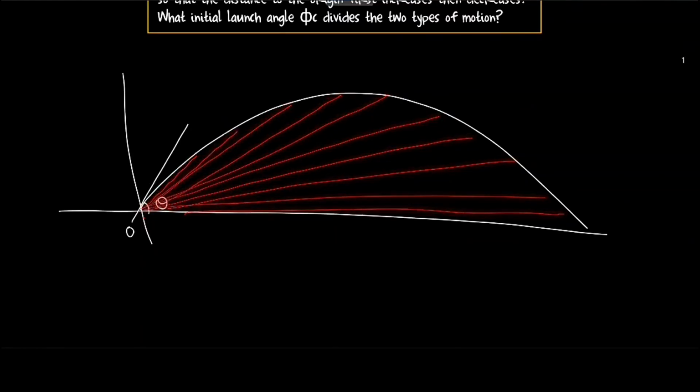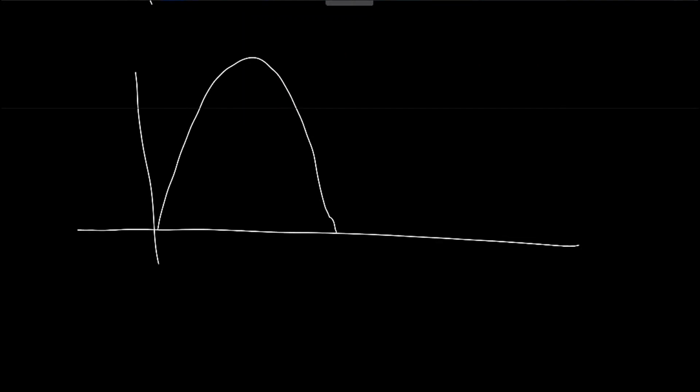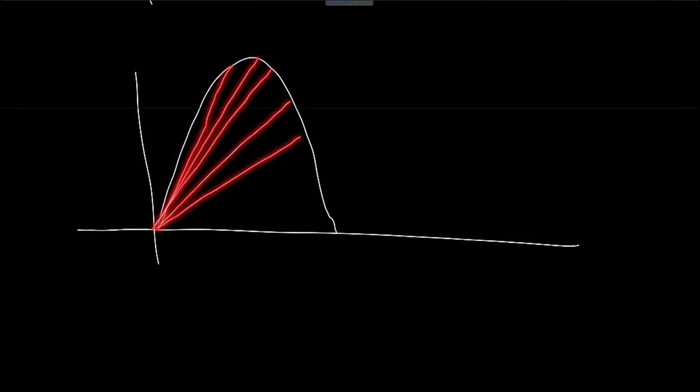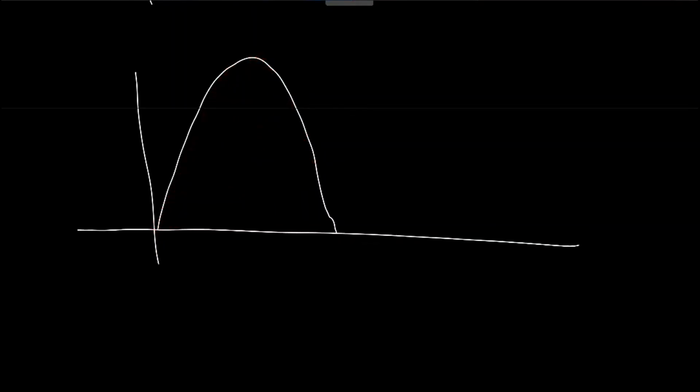But when we throw the projectile at a much larger angle, we realize that the distance is maximum at a point, and then afterwards it's decreasing. We see that this line here is shorter than this line or any of these lines.